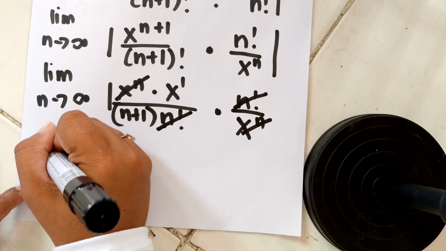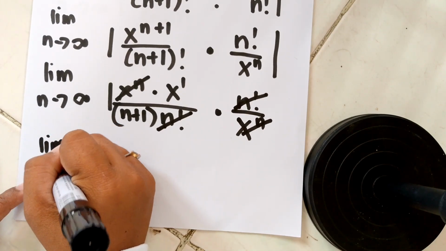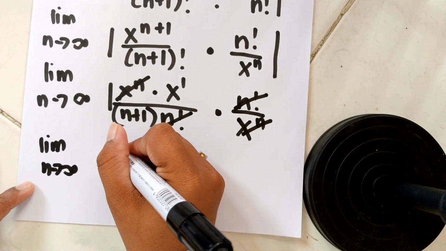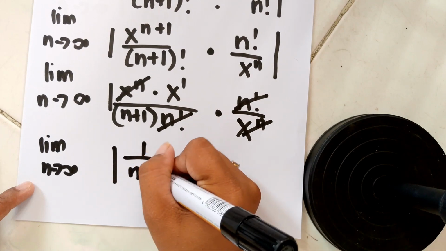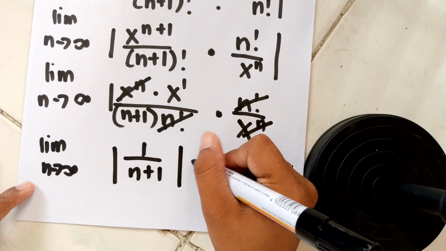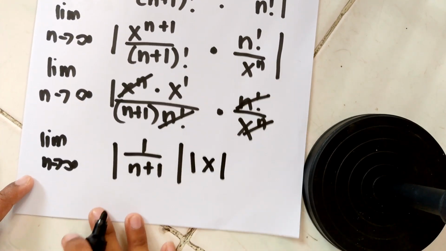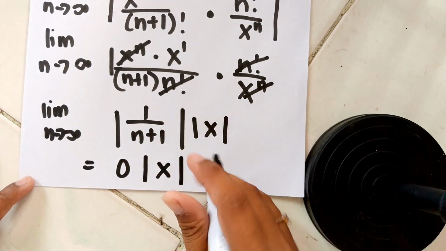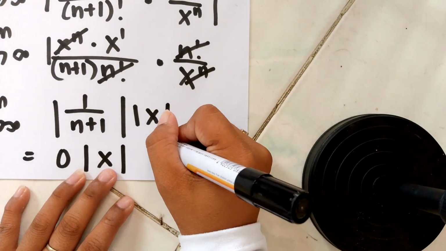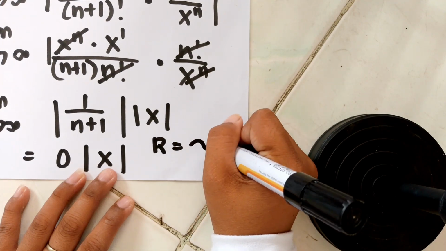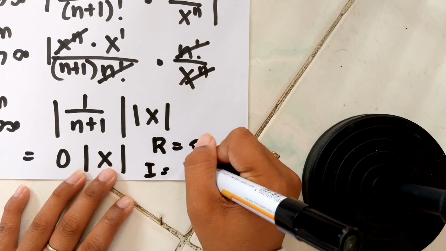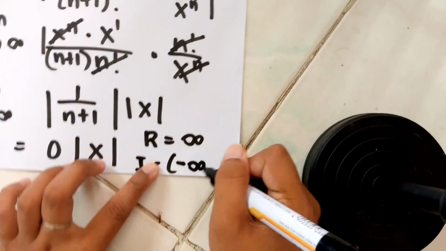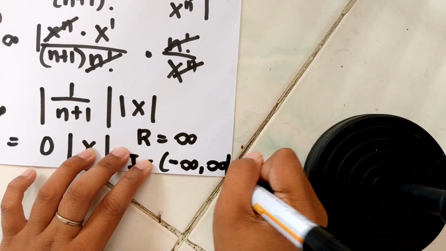Let's cancel x raised to n and n factorial. The function will become 1 over n plus 1 times the absolute value of x. Therefore, our radius is infinity, and our interval is negative infinity to infinity.